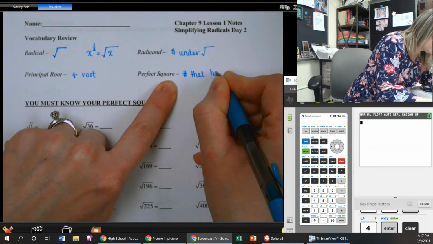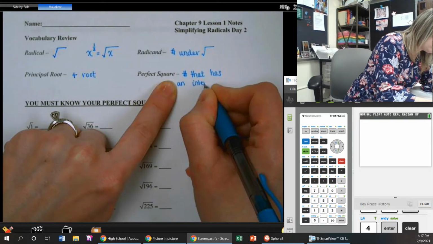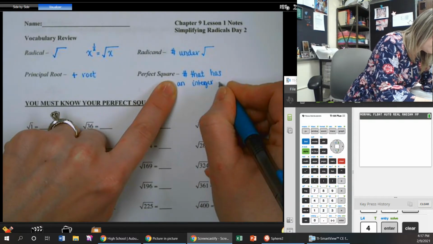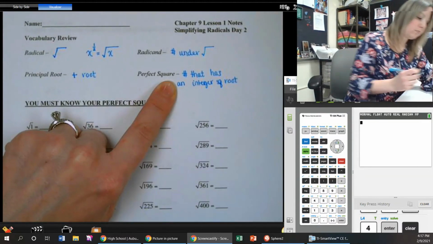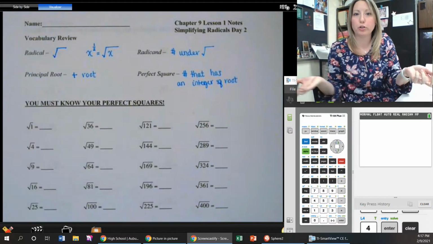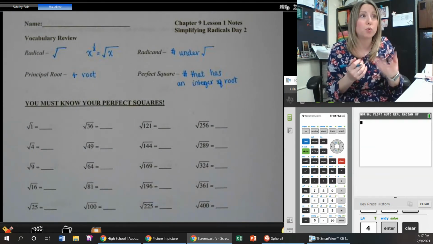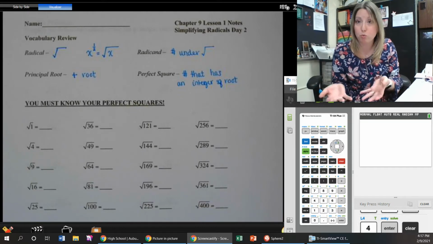that has an integer square root. Okay, those are our perfect squares. And we were asked to memorize those perfect squares so that we will know them. Some variables can also be perfect squares.